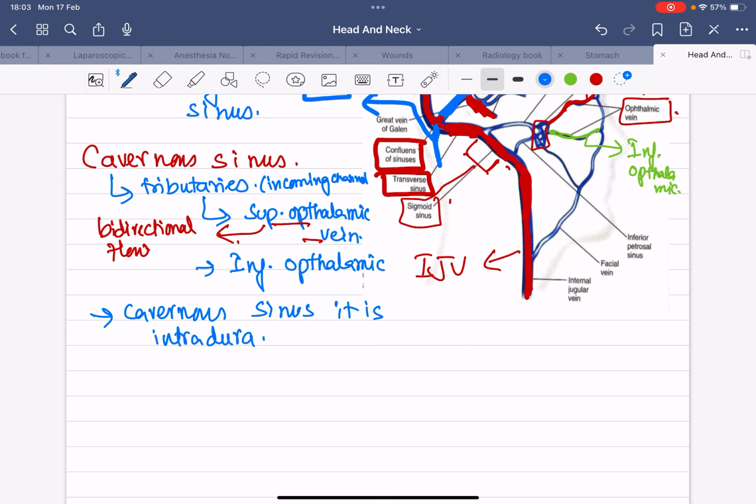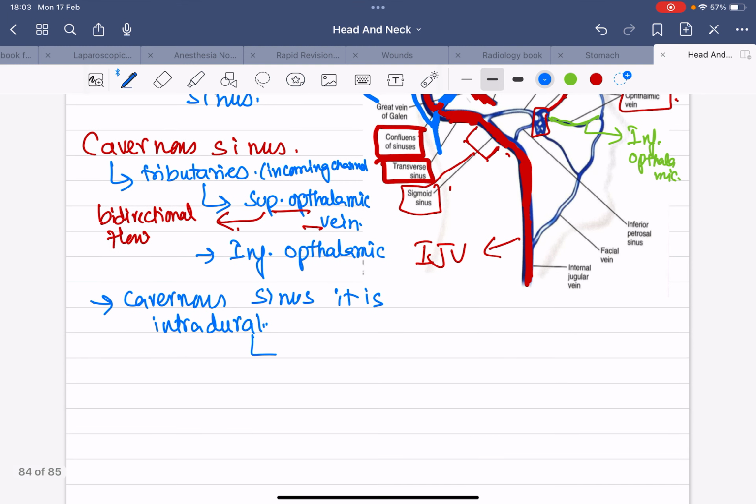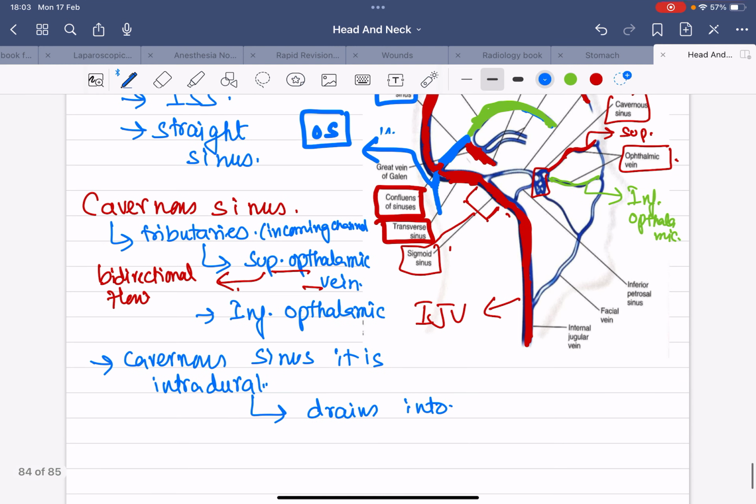So it is intradural. And the cavernous sinus, please remember, drains into which channels? It will drain into two channels. Now see the diagram. Number one, this dark green which I am showing is the superior petrosal sinus.